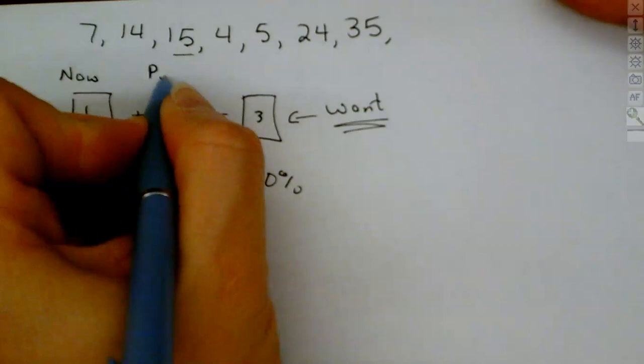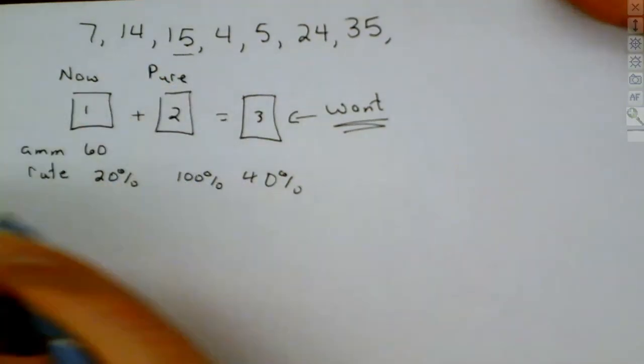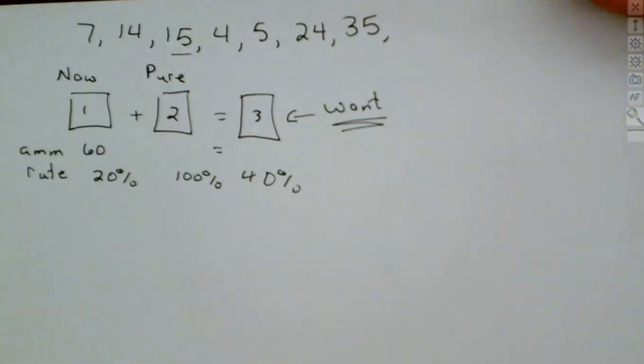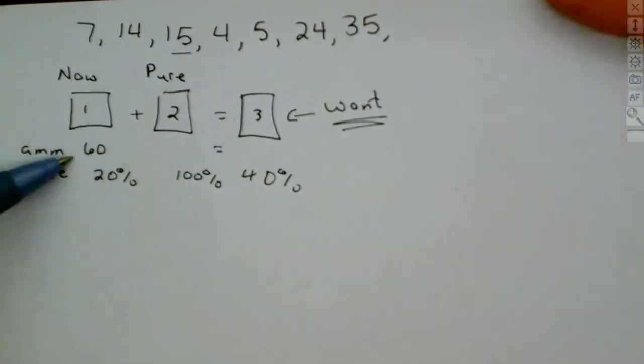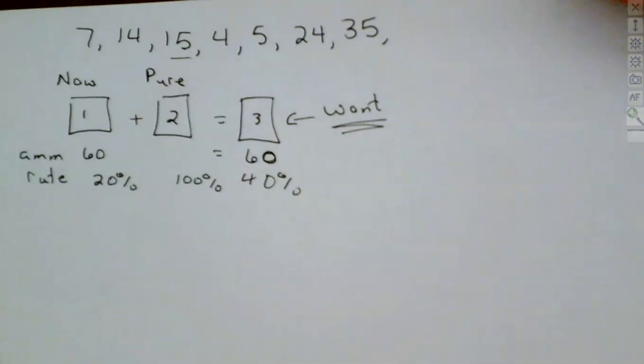Then we've got our pure. Pure is 100%. And what do we know? Well, whatever we add in, we also have to subtract off, right? And right now the car is full. They've been adding water, it's full. We want to end up with it also being full, and so at the end it's also going to have what? 60 in box 3.